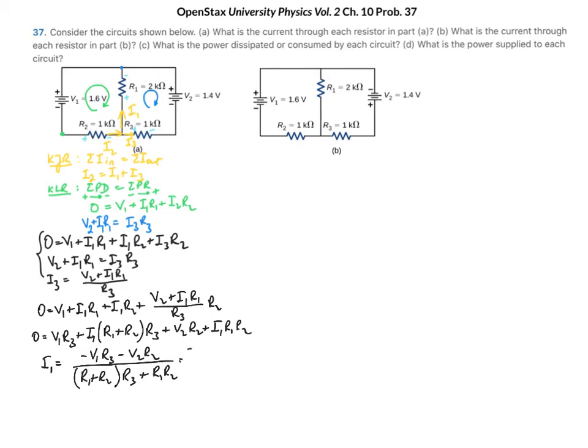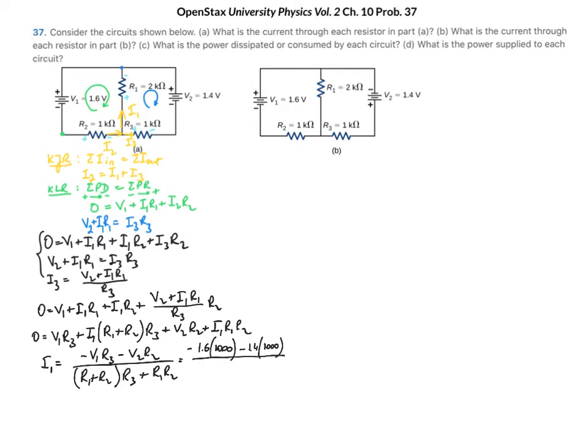So that is negative, okay, what's V1? 1.6. R3 is 1,000. V2 is 1.4. And R2 is 1,000. Divided by R1 plus R2.